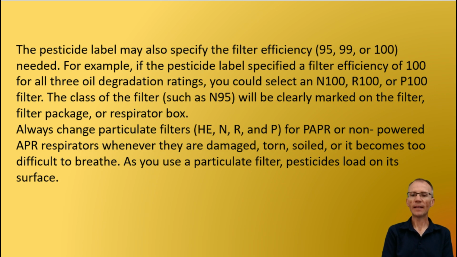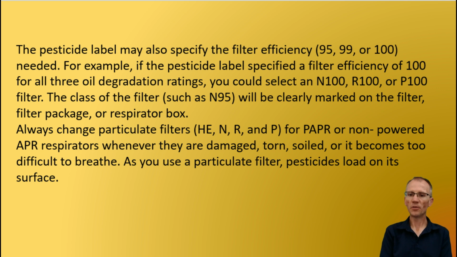The pesticide label may also specify the filter efficiency, 95, 99, or 100, needed. For example, if the pesticide label specified a filter efficiency of 100 for all 3 oil degradation ratings, you could select an N100, R100, or P100 filter.